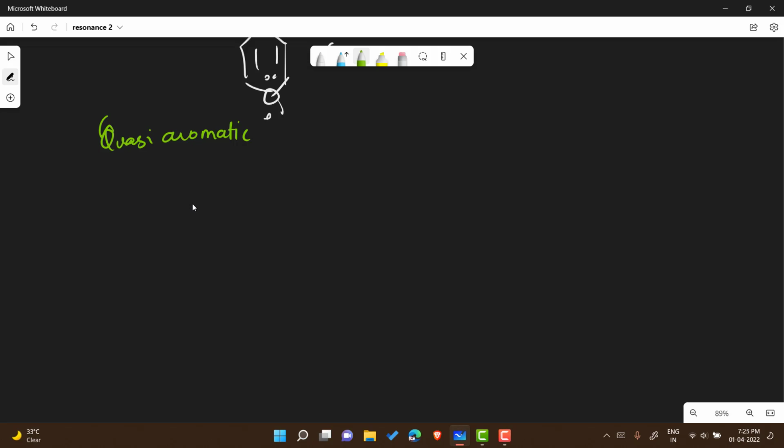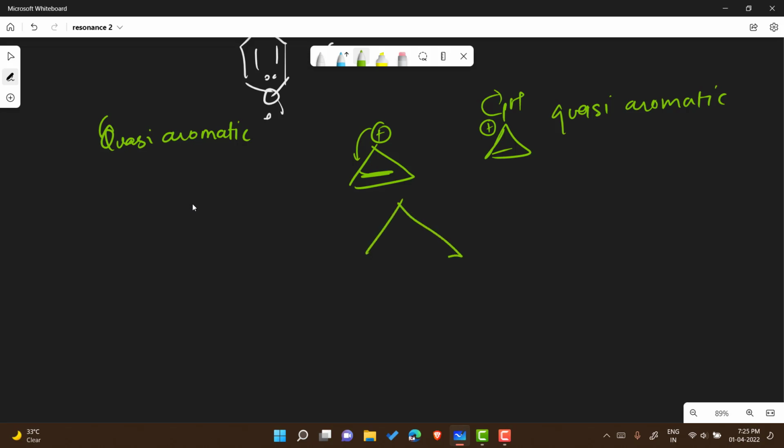where positive or negative charge is completely dispersed around the ring. So if you see this, here the positive charge is completely dispersed. That is why when we drew that with hydrogen, we removed the hydrogen, because this was forming a quasi-aromatic compound, and quasi-aromatic compounds are much more stable than normal aromatic compounds, as you can also depict it like this, okay?